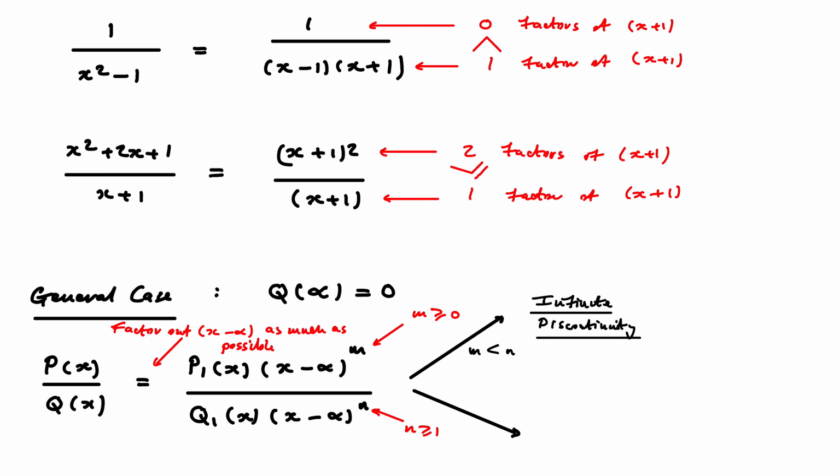And if the opposite is true, if m is greater than or equal to n, so it could be equal, then I have a removable discontinuity. So it just looks like a hole.